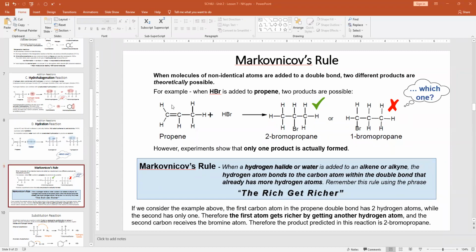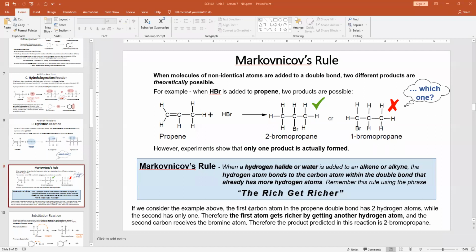And you can remember Markovnikov's rule with the phrase, the rich get richer. This carbon is already rich with 2 hydrogen atoms. It has more hydrogen atoms than the other carbon involved in the double bond. This is the one that's richer, and the rich get richer. The hydrogen will go here, leaving the bromine to go here.